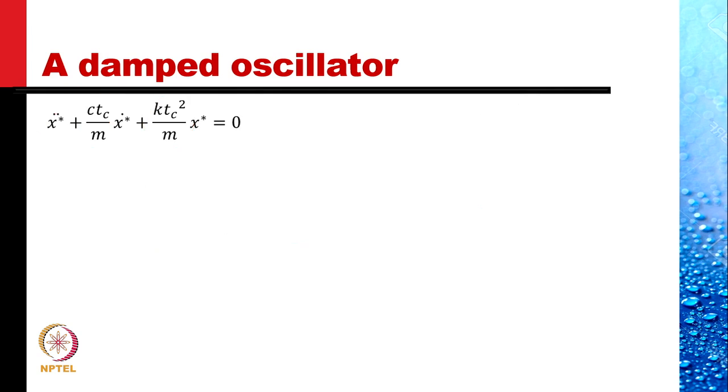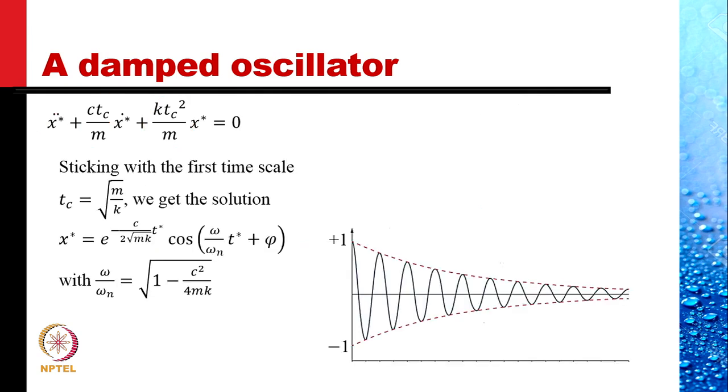The original equation again. If we look at the first case where the time scale is under root m by k, then we get these solutions. The exact solution of this equation, x star is equal to twice e raised to power minus c divided by twice under root mk, t star, cosine omega n t star plus phi.